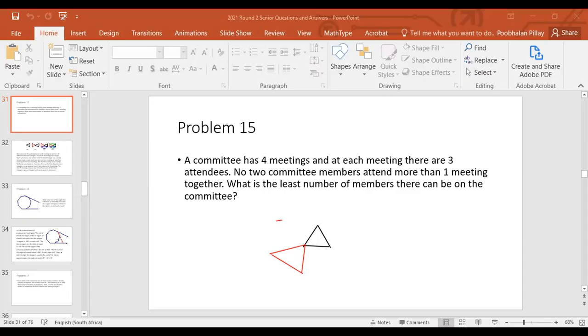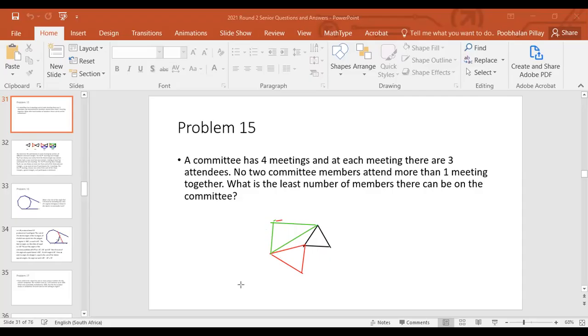And I'll color it differently. So you choose this guy, that guy, and then one other person. So you got the 3 meetings in 3 colors. It took me a long time to draw up this scheme, but it helped a great deal to do it like this. And now you got 6 people, 1, 2, 3, 4, 5, 6.